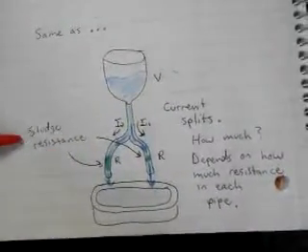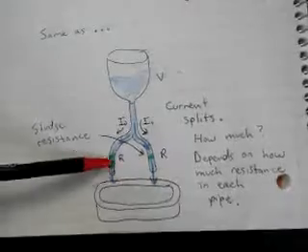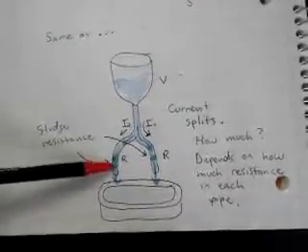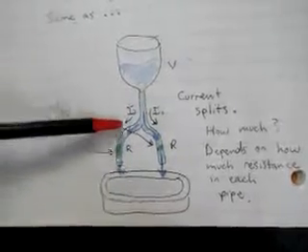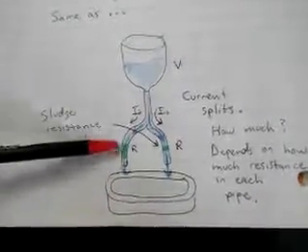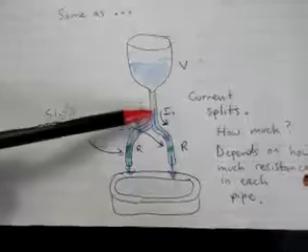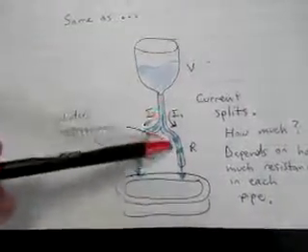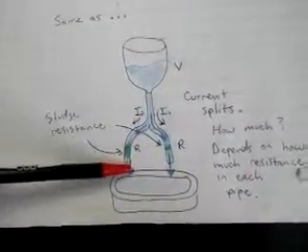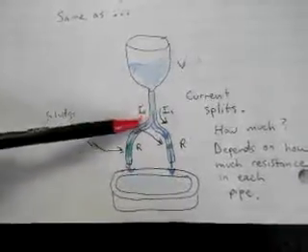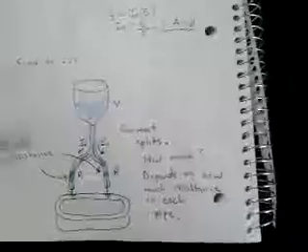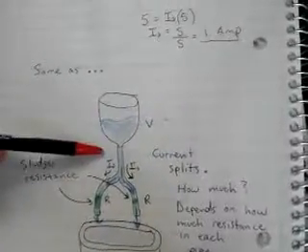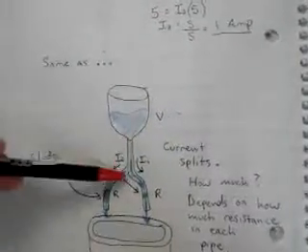Right here I wrote sludge resistance, but it could be a backup, anything you want, just something slowing down the water going through the pipe. So if there's more resistance in this guy, not as much water is going to want to flow through here, right? If there's less resistance in this guy, the water is going to try and flow faster through this way. Same thing for electric circuits. The more resistance, the less current that's going to want to flow. And these things are both at the same potential difference, so to speak, right?